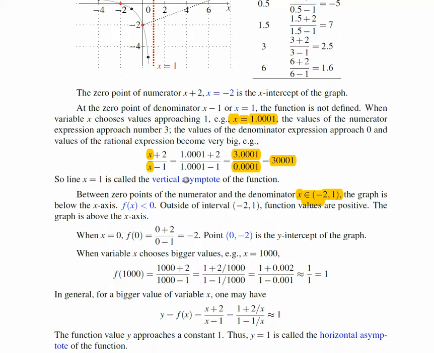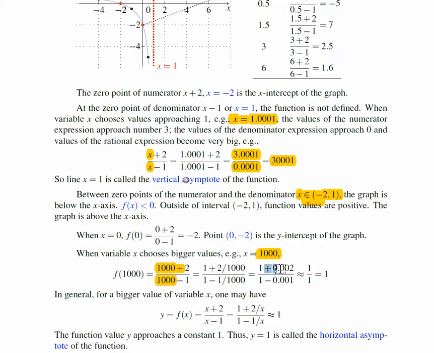For the horizontal asymptote, that's when x gets bigger and bigger. Let's say x is 1000, that's probably big. When you plug in 1000, those values, positive 2 upstairs and negative 1 downstairs, can almost be ignored in this expression.